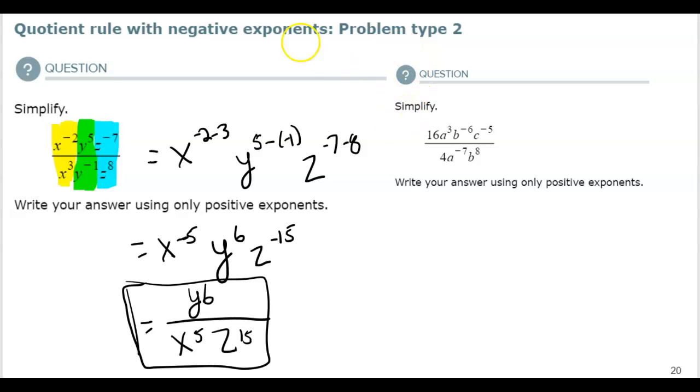We can think of this as x or a's. And then that doesn't look good, never mind. So let's just try 14 divided by 4 is 4. My a's is going to be 3 minus a negative 7. My b's is going to be negative 6 minus a negative 7. Oh, a positive 8, sorry.